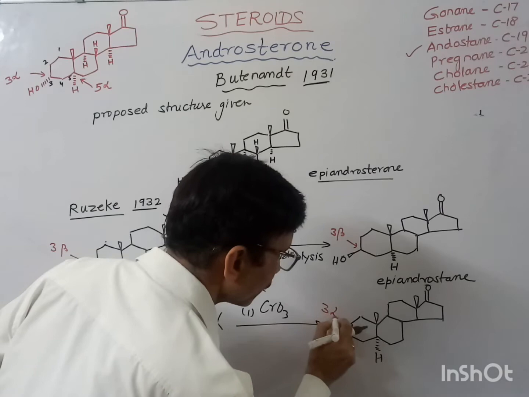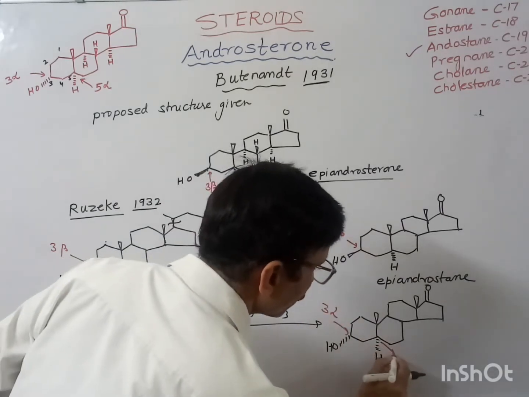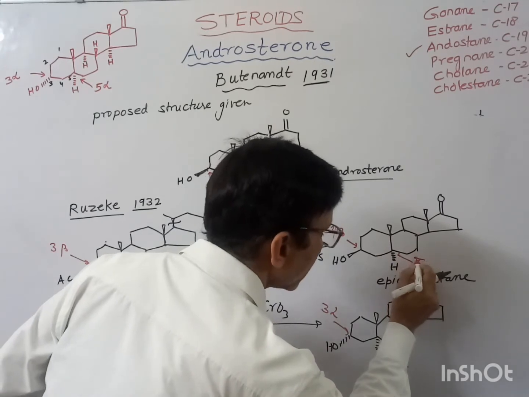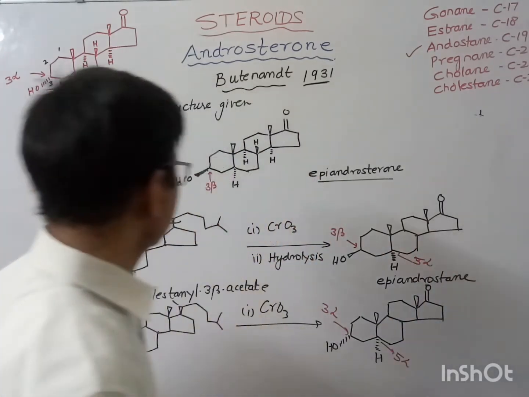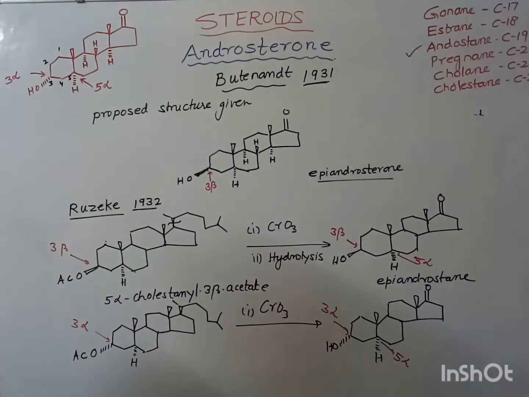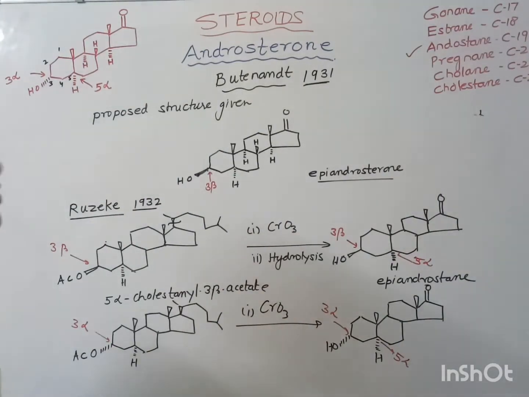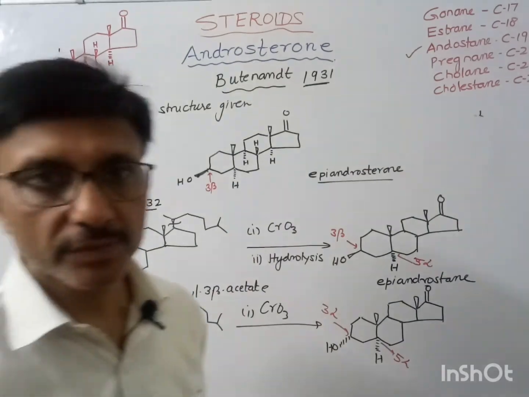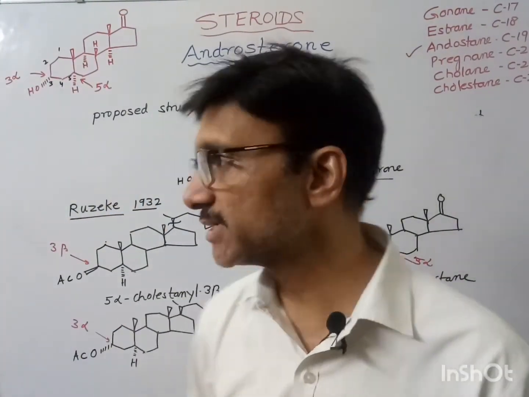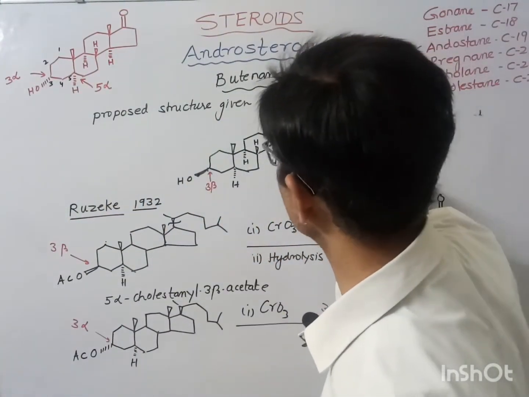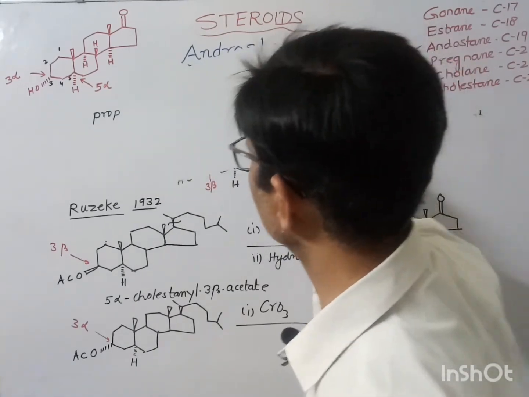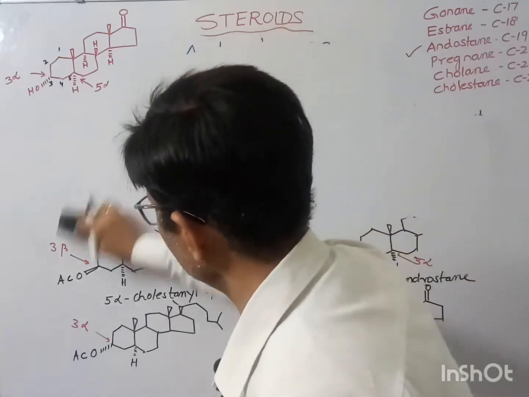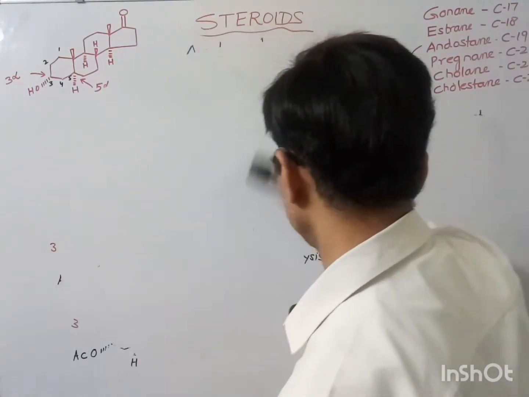This is 3 alpha and this is 5 alpha. So this is also 5 alpha in androsterone. Finally, the structure of this androsterone was proved by a synthesis, and that synthesis was given by Butenandt and co-workers in 1935.